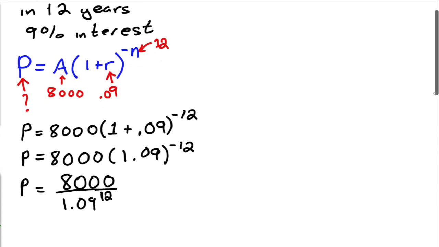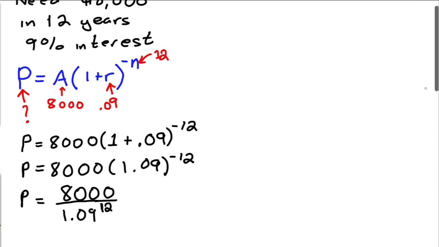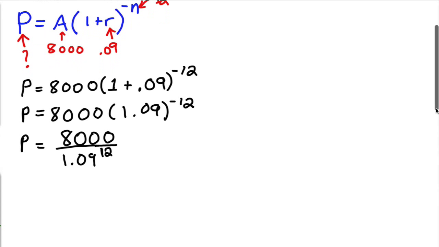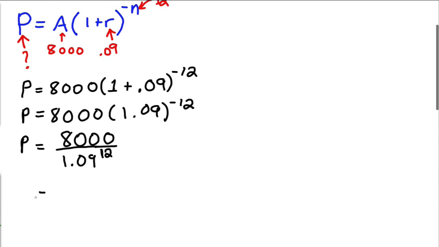Now you need to take out your calculator. If you raise 1.09 to the 12th, I'm going to write down 8,000 up here. If I plug 1.09 raised to the 12th power into my calculator, in other words, multiply 1.09 by itself 12 times, I would get approximately 2.81266.